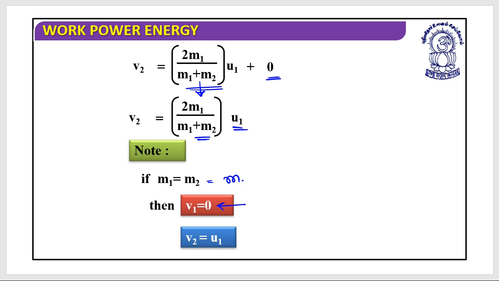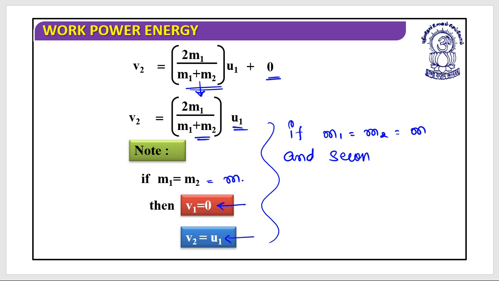The final velocity of the first object would be 0, v1 equals 0, and the final velocity of the second object would be equal to u1. I hope this is clear. So indirectly it is the same thing: if m1 equals m2 equals m, and the second body is at rest initially.